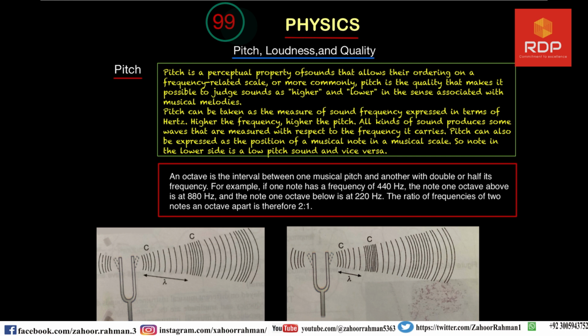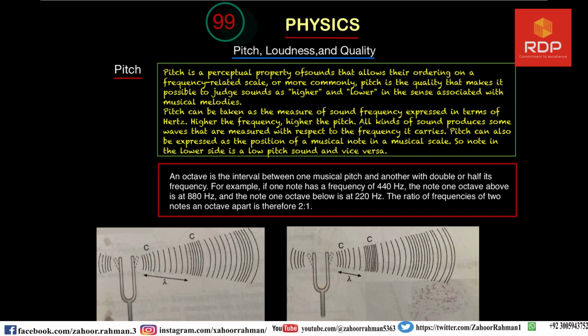Ladies and gentlemen, remember that octave is the unit of pitch, when you double the frequency or make it half of the fundamental frequency. For example, pitch can be taken as the measure of sound frequency expressed in terms of hertz.